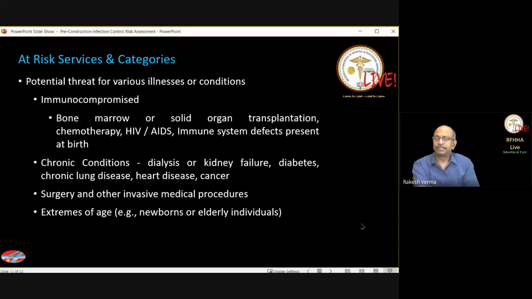Then we have another category where the patient may be prone to infection, just because he's undergone a surgical or invasive medical procedure, and then the extremes of age is a vulnerable category in any case. So newborns and the elderly. So these are some of the categories. You can have more categories, but the idea is to realize the kind of patients who will be adversely affected because of the construction happening and leading to infection risk.